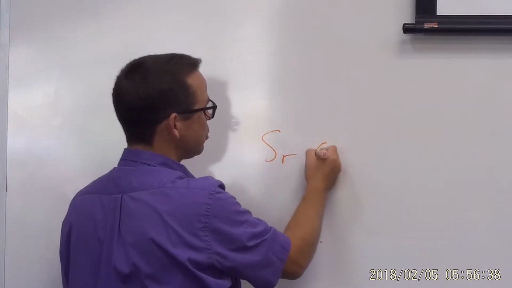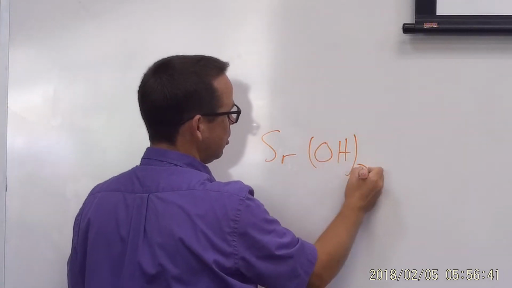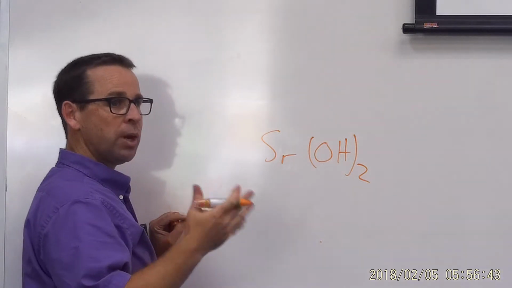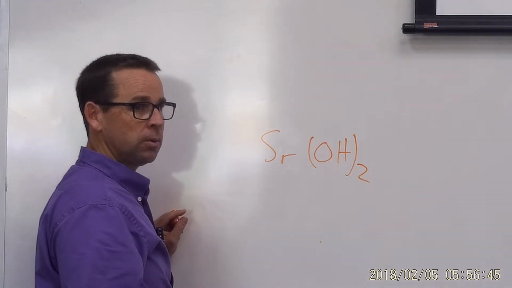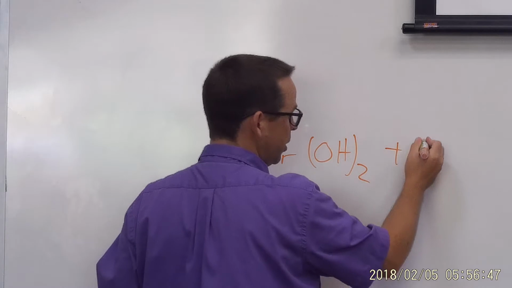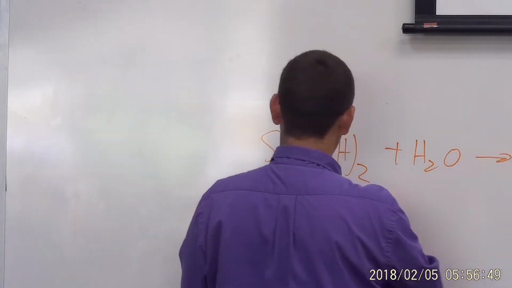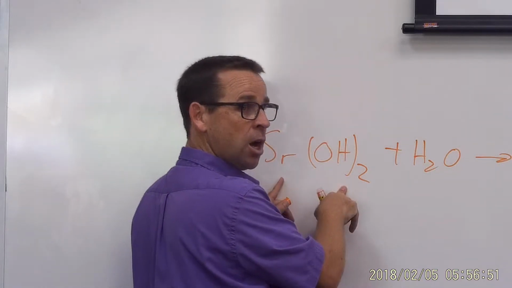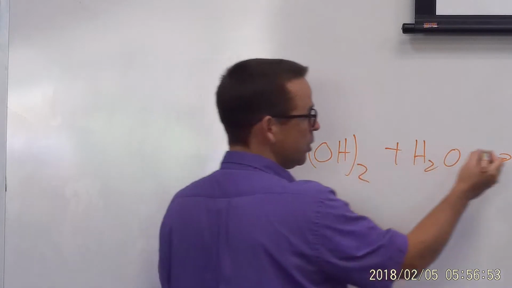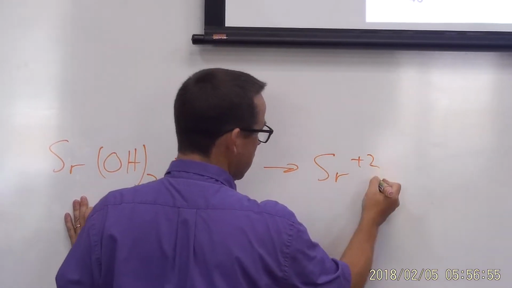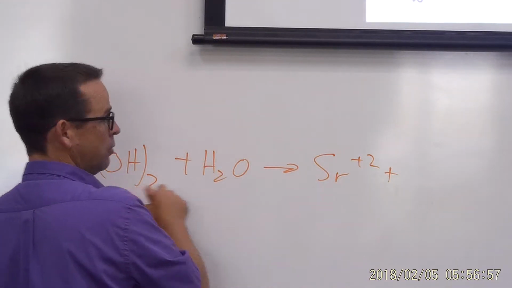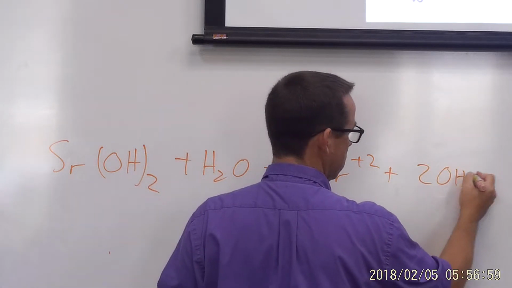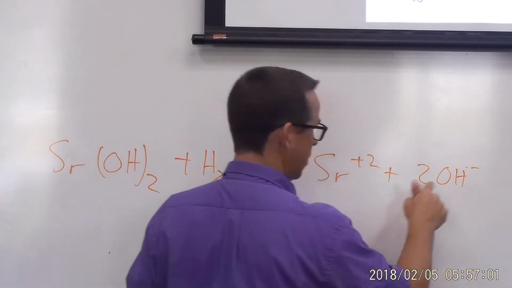So you just have strontium hydroxide here, and you want to show what happens when it's placed in water. If you put water up here, this is an ionic compound that's soluble in water, so it's going to dissociate into strontium ion and 2 hydroxide ions. And that's that.